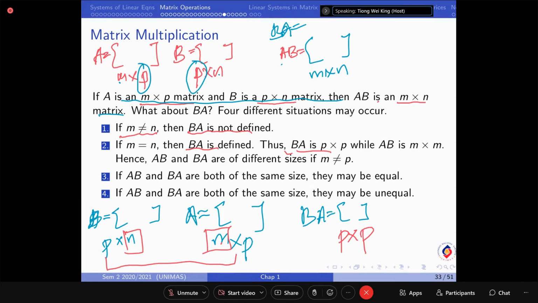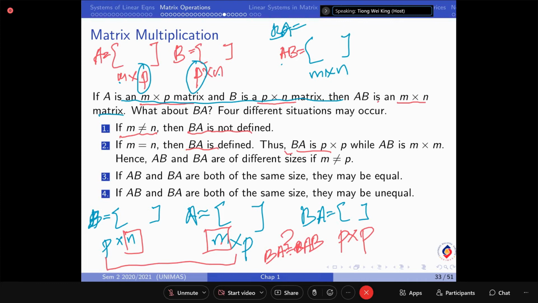The second, third, and fourth cases are basically the same. If AB and BA are both of the same size, they may be equal, and they may be unequal. Meaning, if they have the same size, like a square matrix, it is not necessarily true that BA equals AB.